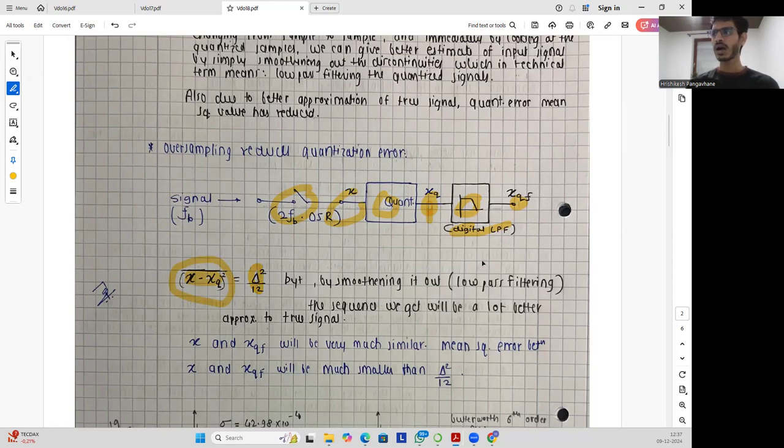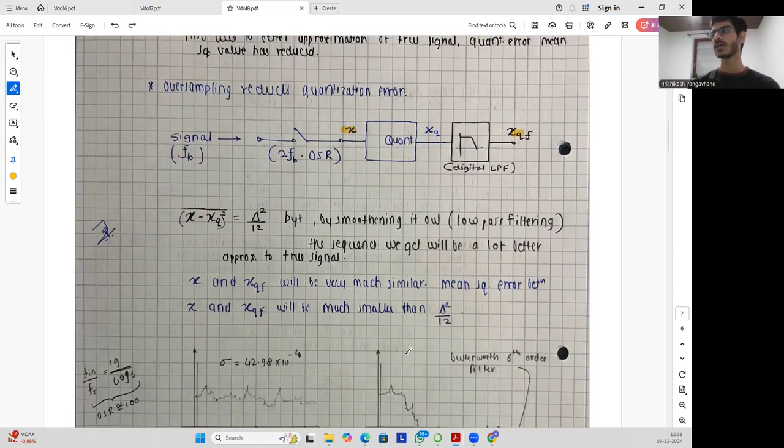But by smoothing it out, or low pass filtering, the sequence we get now, which is xqf, will be a lot better approximation of x, not the original signal, but the sampled signal. So x and xqf will be very much similar, and the mean square error between x and xqf will be much smaller than delta square by 12. This is the benefit of having an oversampling ratio.